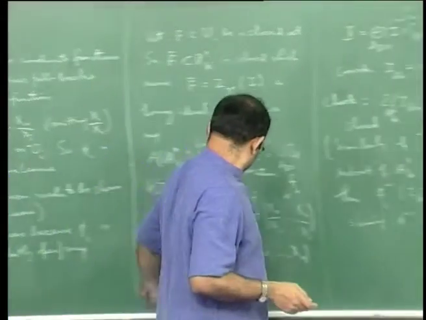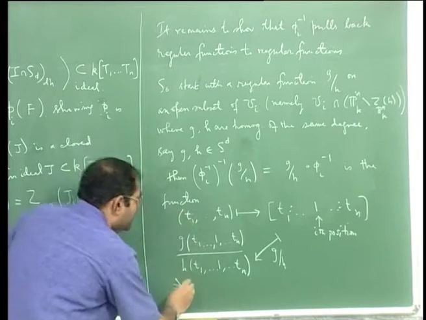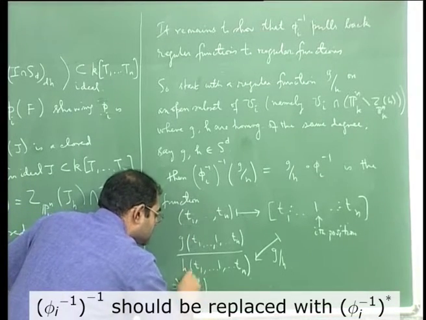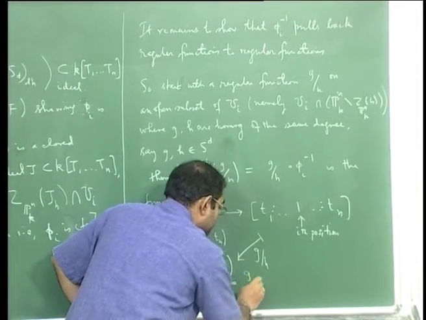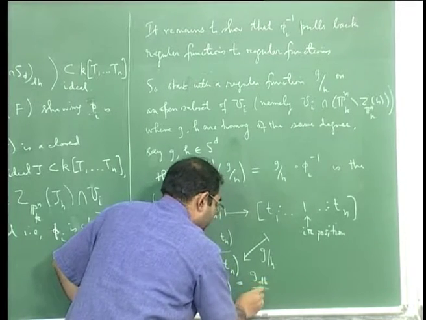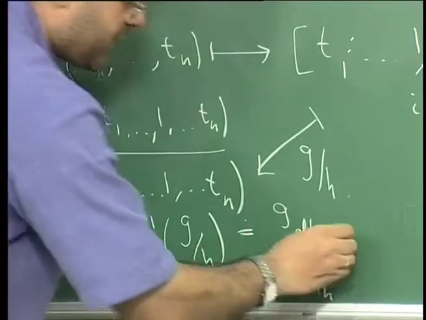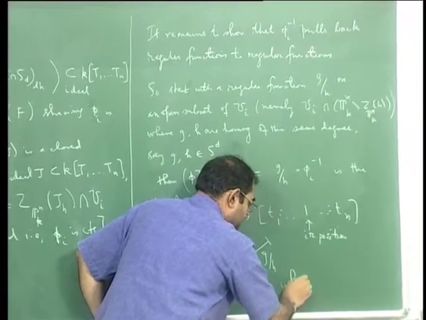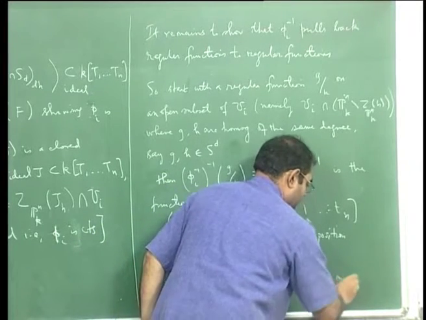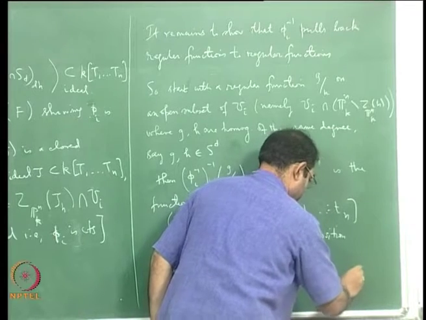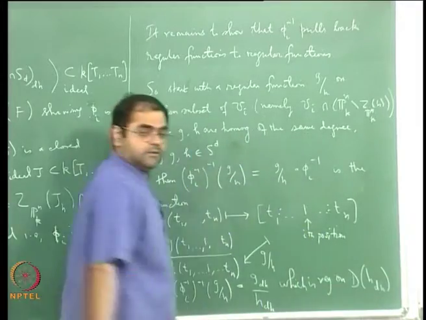So what this tells you is that phi_i inverse of g/h is nothing but the dehomogenization of g by the dehomogenization of h, which is of course regular, which is regular on D(h dehomogenized). So I am done.